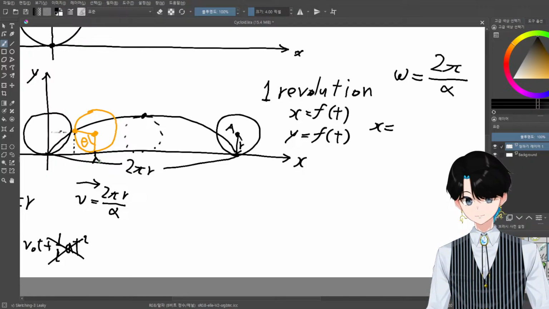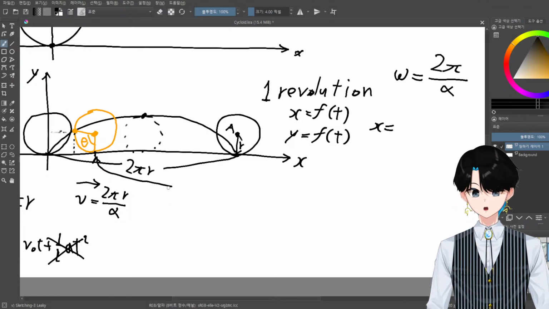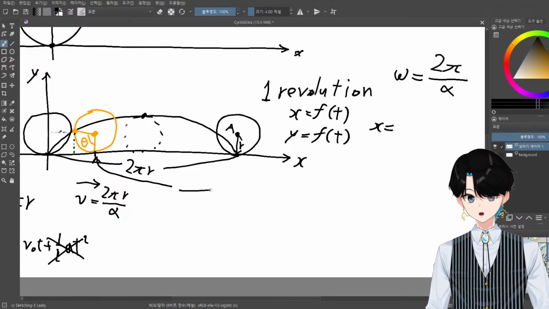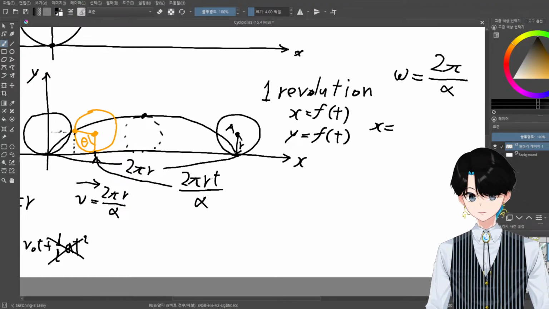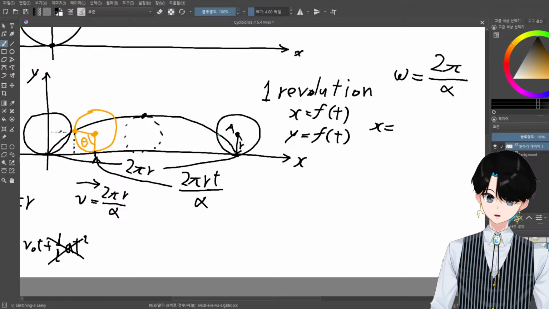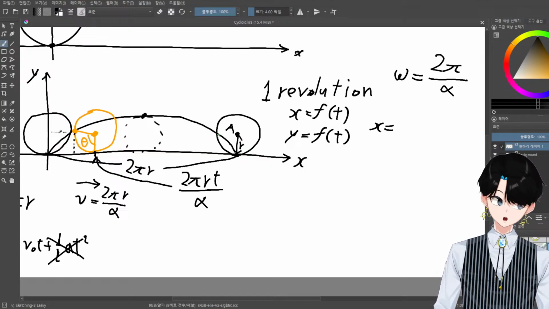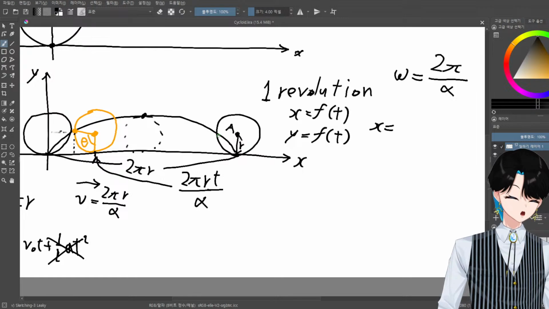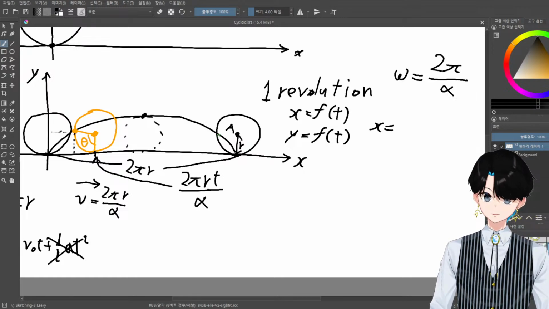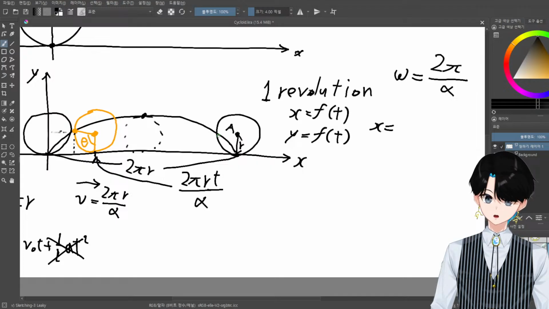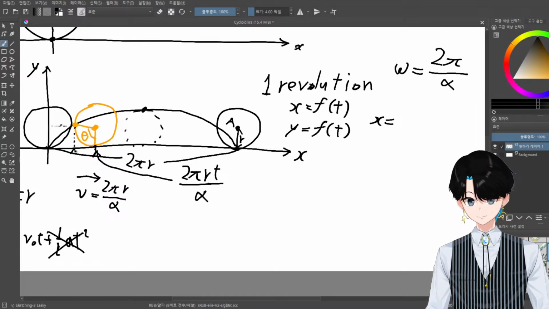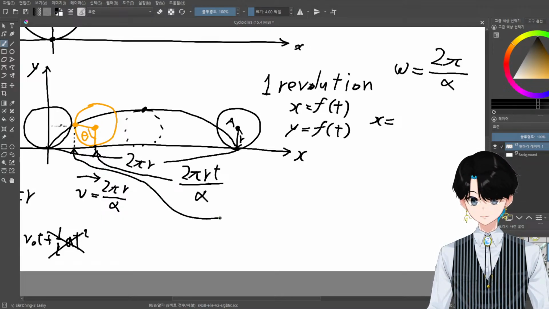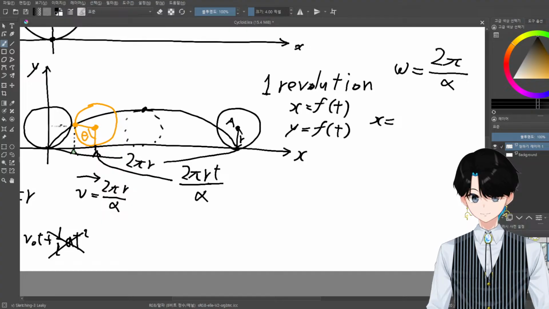This will be 2 pi r t over alpha. Okay, listen first.